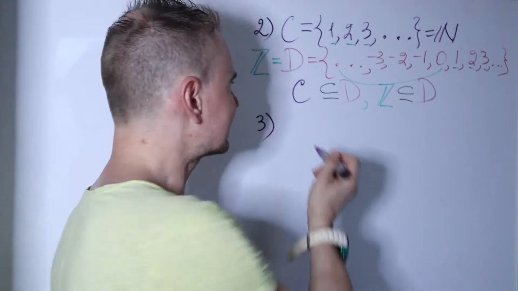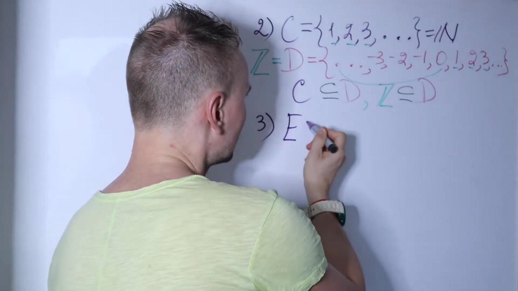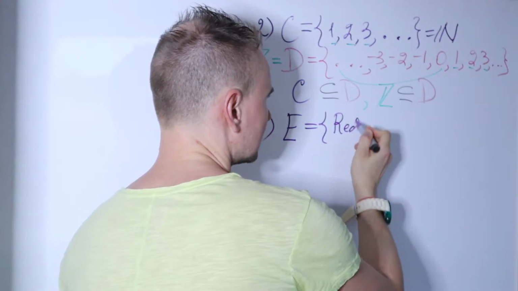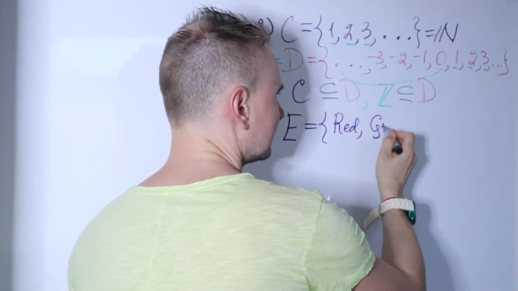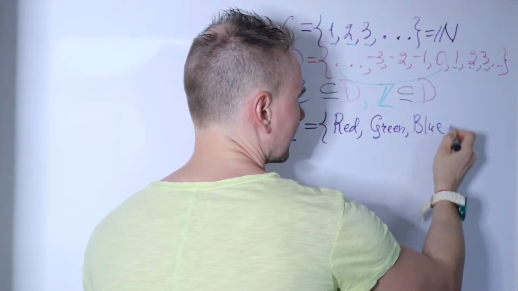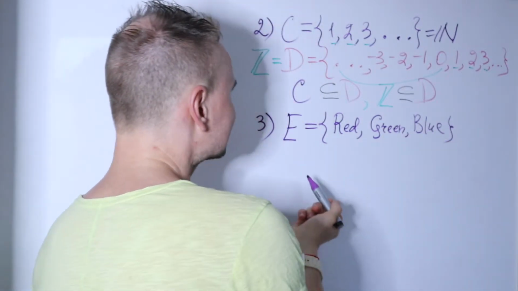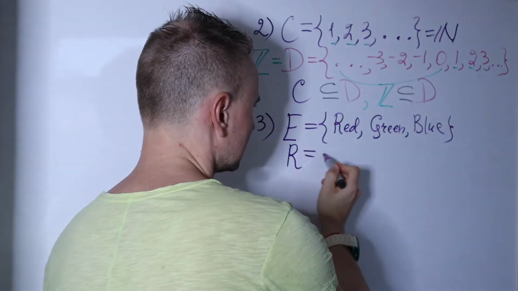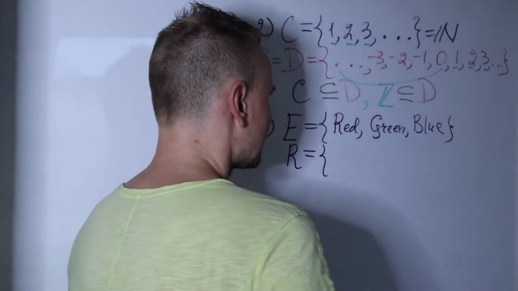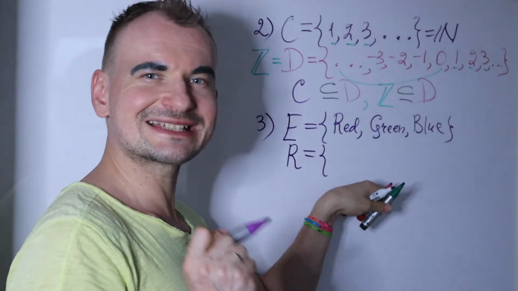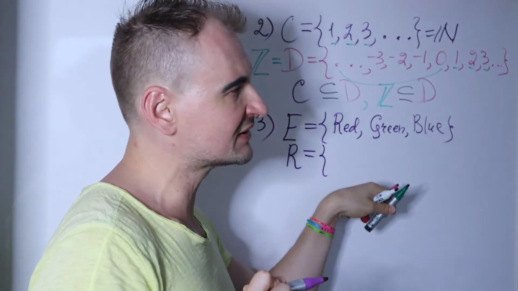Let's say you are given set E containing the following elements: red, green, and blue colors. And you are given set R, and instead of roster form, I'm going to use set builder notation.